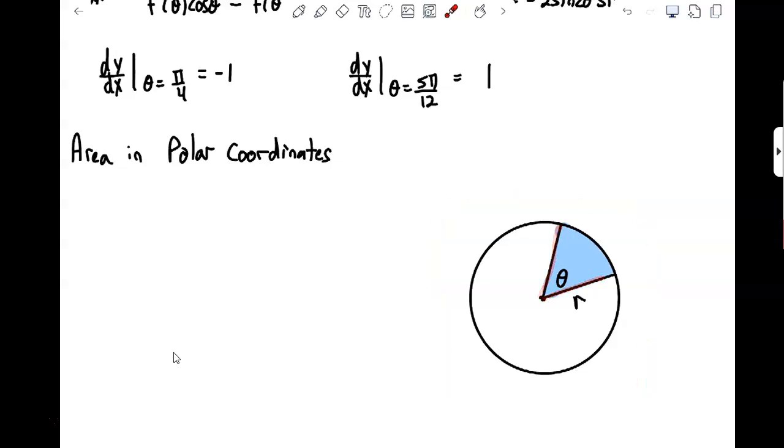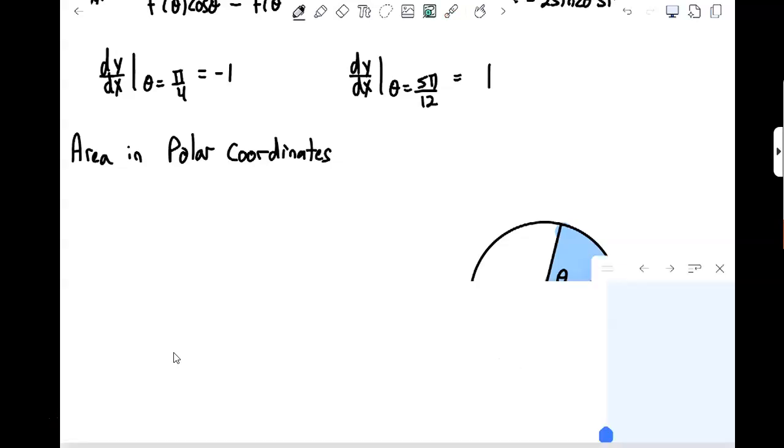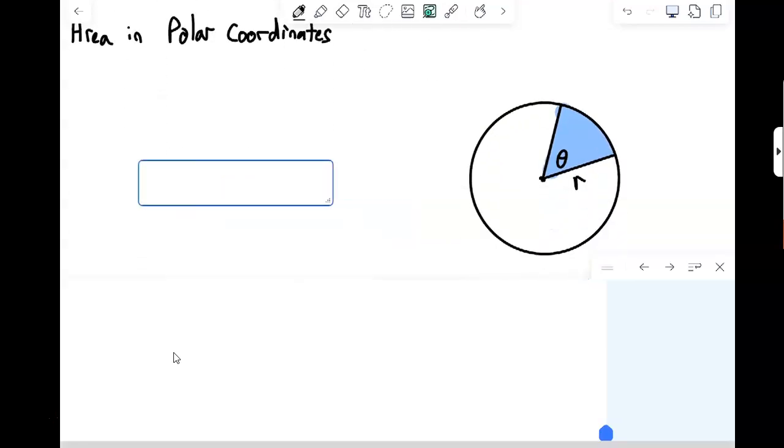a sector or slice, if you will, of the circle that we're looking at, and we want to compute that area, we can use a result known as the sector area formula for a circle.